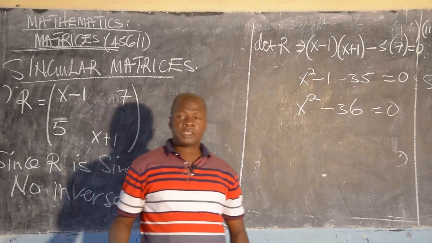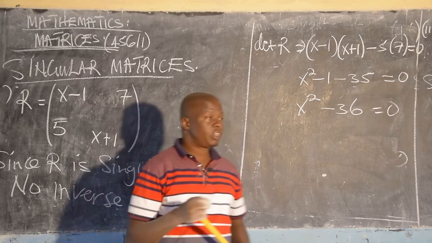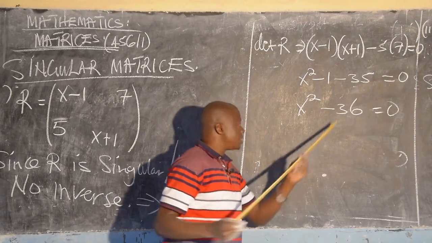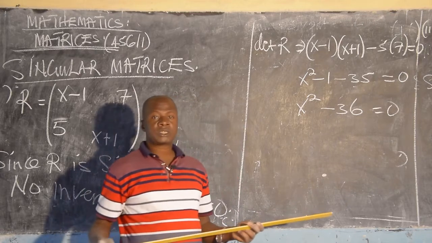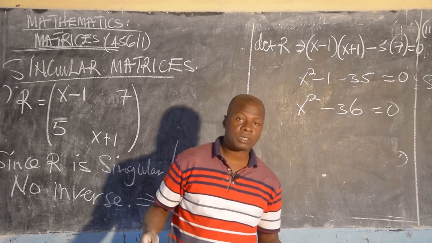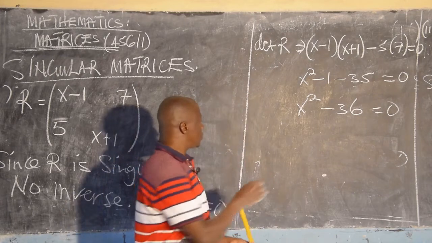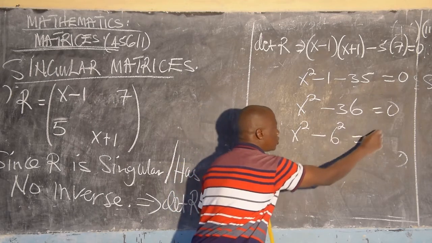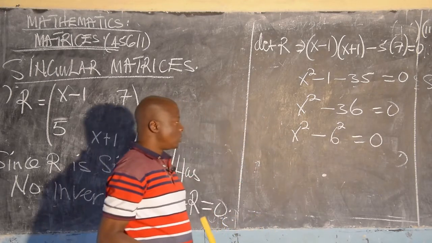Let us go ahead to apply difference of two squares. Which number do we square to get 36? That number is 6. So this is x squared minus 6 squared equal to 0.